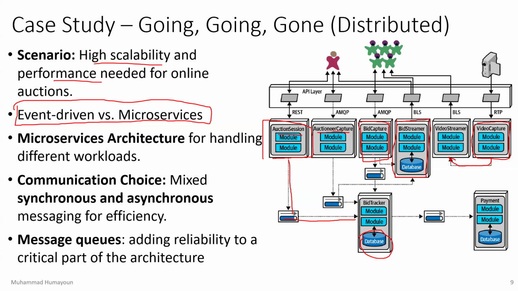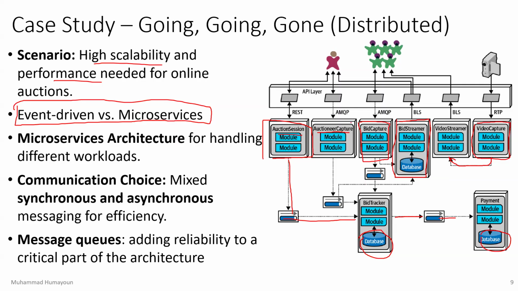Also bid capture through this channel goes and is stored here. And when the data needs to be updated through that bid streamer, it can go here and go here. And through bid tracker, whatever needs to be synchronized here goes from here and is updated here.